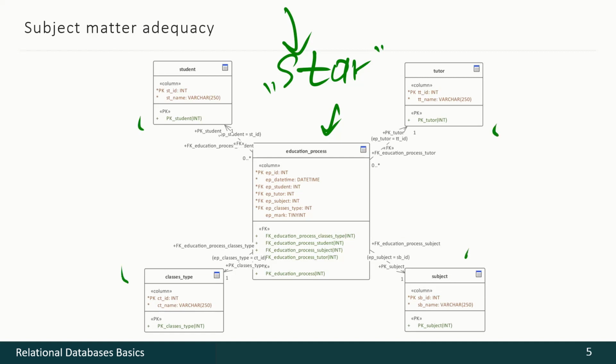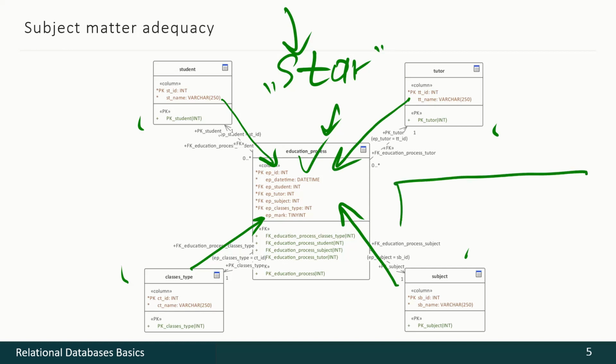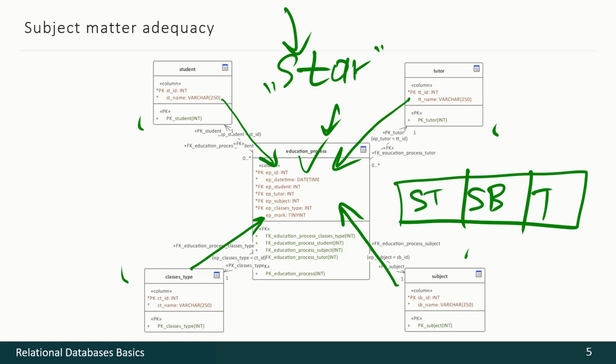So here we see information about some lessons, about some classes, and we see that a student was at that class, was of such type, of such subject, and delivered by that tutor. So everything is here, and that task defining what student learned what subject delivered by what tutor is easily done by such a schema.